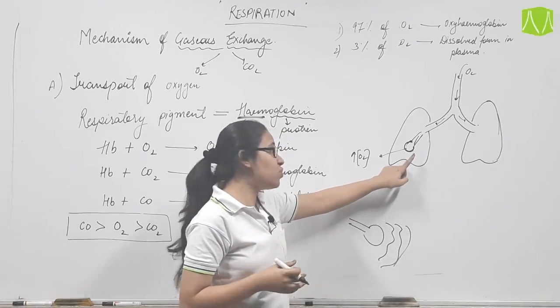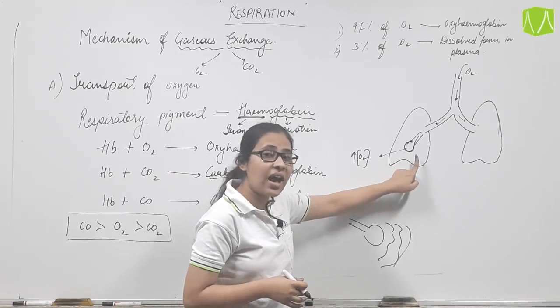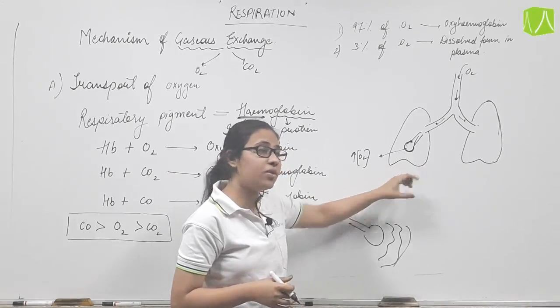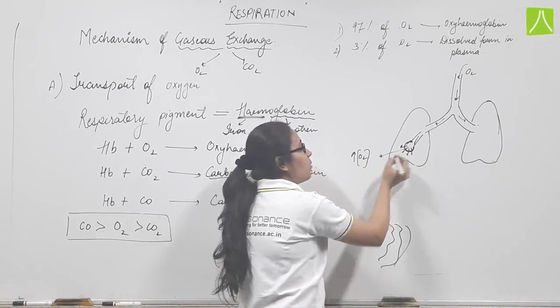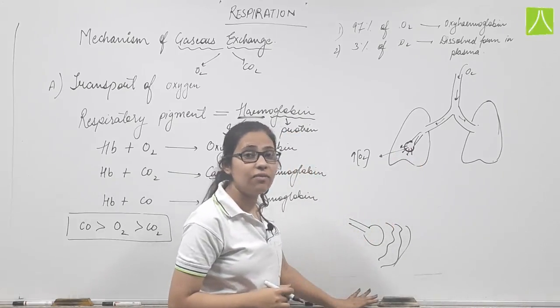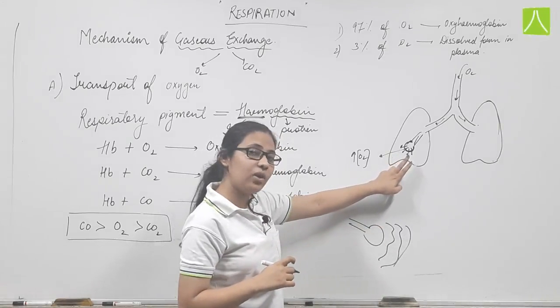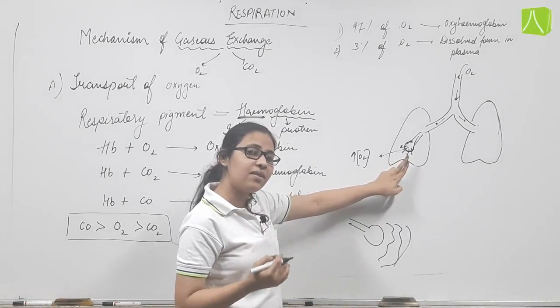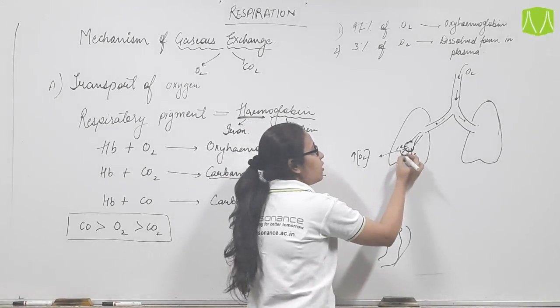Now this diffusion occurs here. The concentration of oxygen is high in the alveoli, and because of this it diffuses out of the alveoli. Since the alveoli are surrounded with blood vessels, this oxygen then enters into the blood vessels.